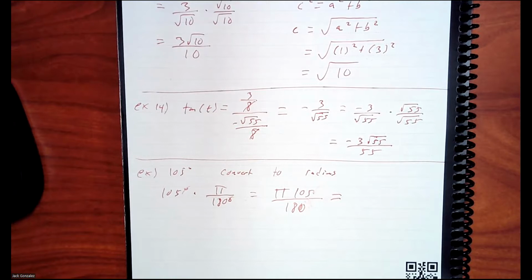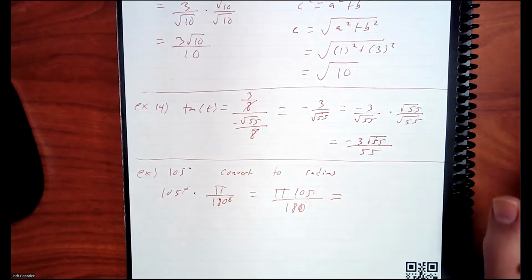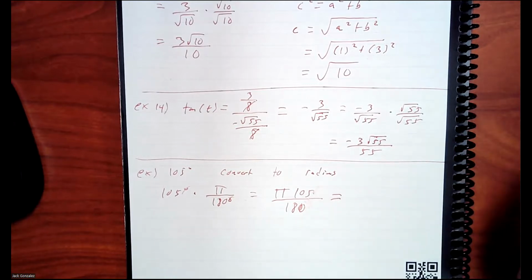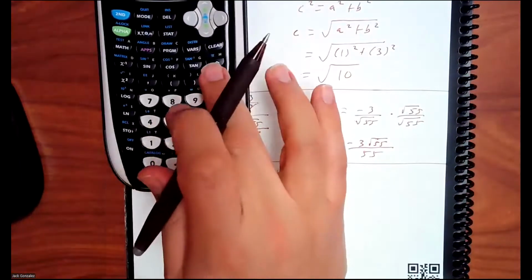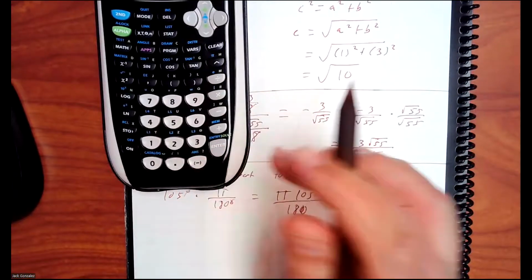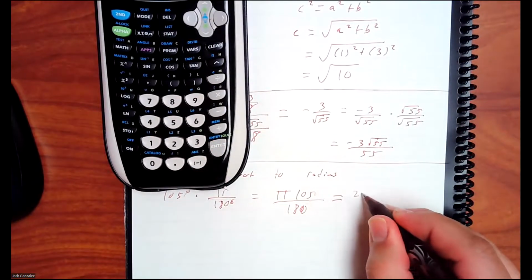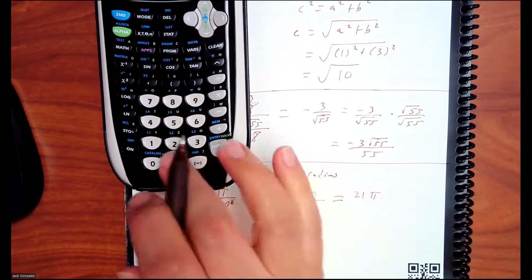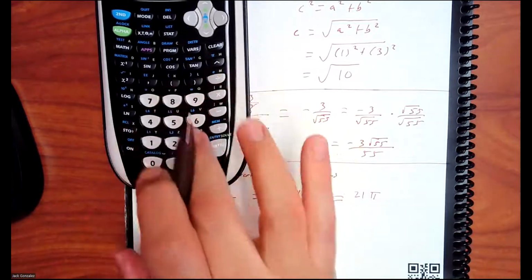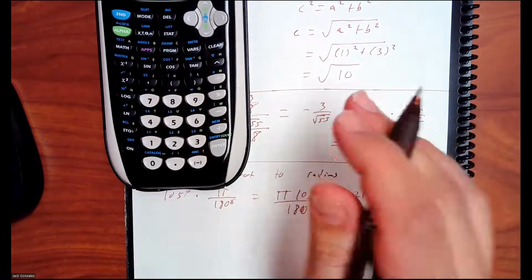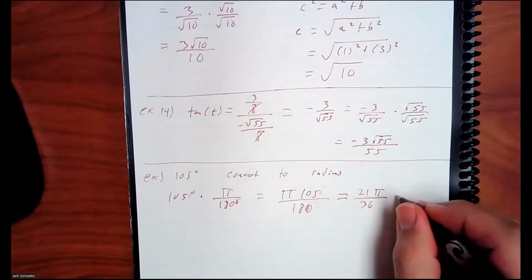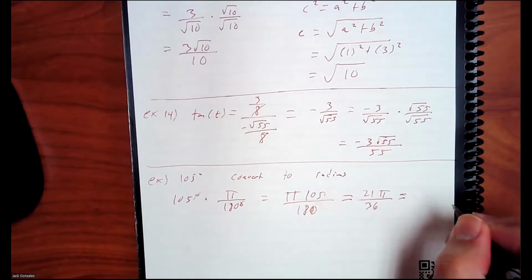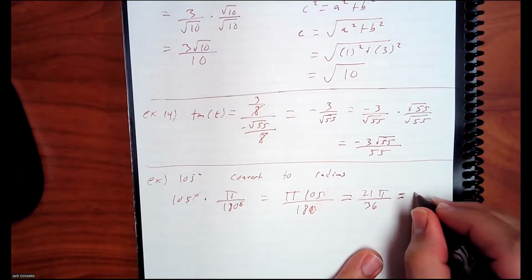Divide both by 5, what do we get? You got 21 over 36. Does this reduce further? Yes.